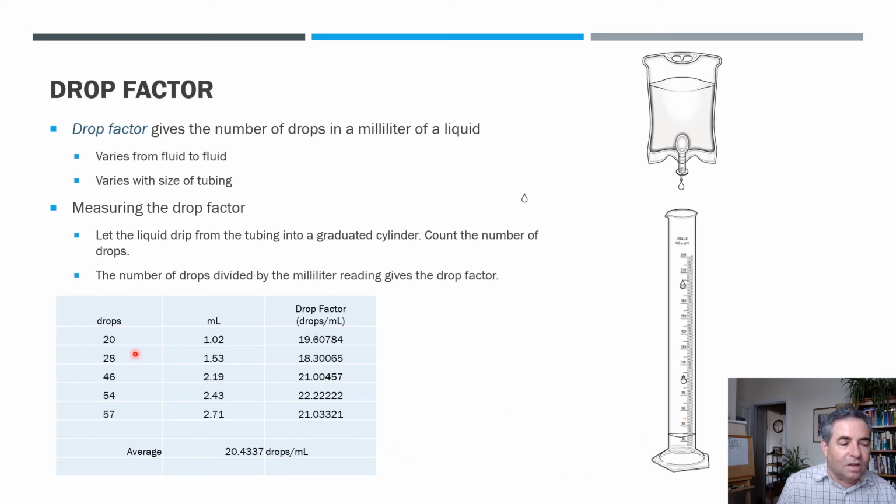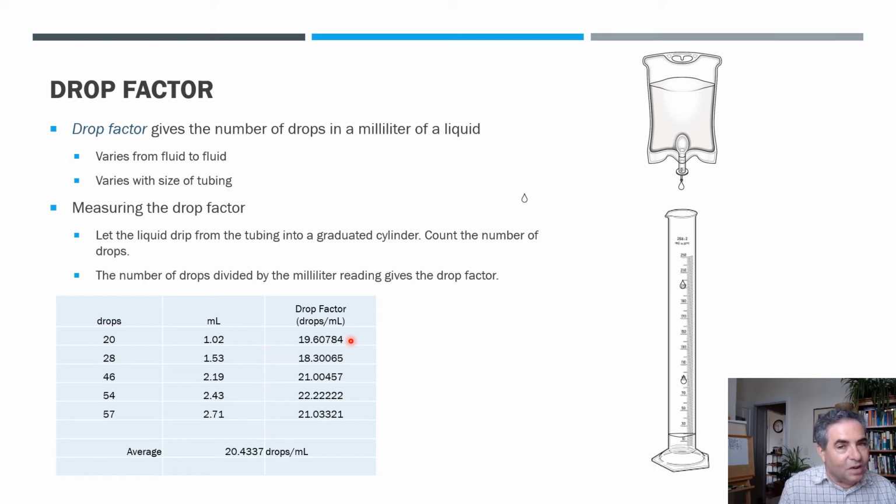Now, you can do this by averaging over a lot of different numbers of drops to get it a little bit more reliable. So if you have 20 drops, it's 1.02 milliliters. If you have 20 divided by 1.02, that gives you the drop factor there. Significant figures isn't right there, right?